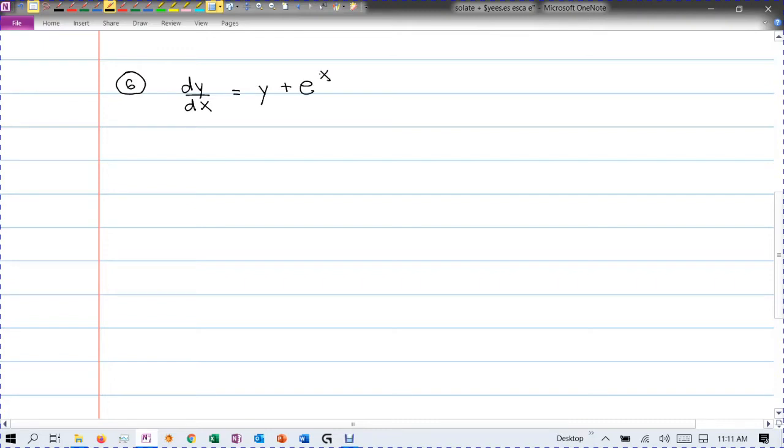Now, this is not in the correct form because I've got to get that y term on the left-hand side. So I subtracted on both sides. I can leave the e to the x on the right because it's a function of x. And then I have negative 1 as my p of x. Everything else looks fine. So my integrating factor will be e to the integral of negative 1 dx, which is just e to the negative x.